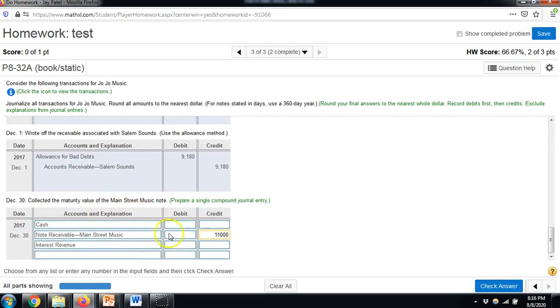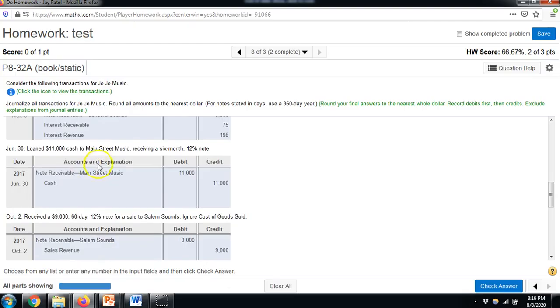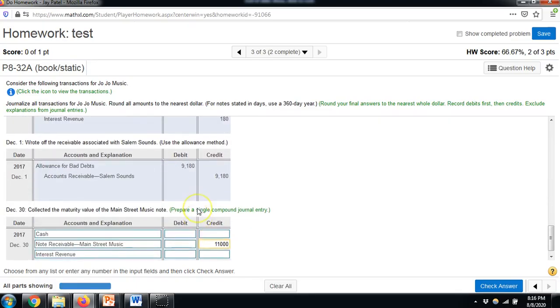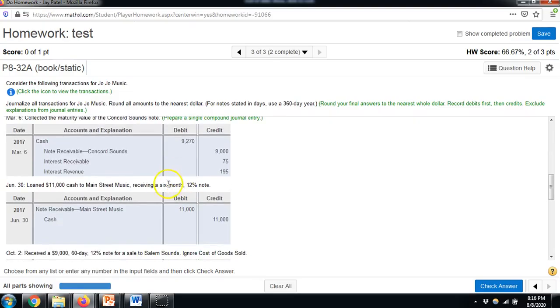So it's now been 6 months. So our interest revenue calculation is 11,000 times 12% times 6 divided by 12, because it's been 6 months.